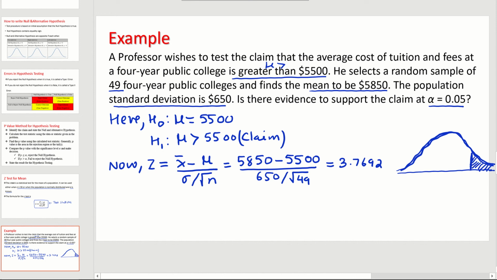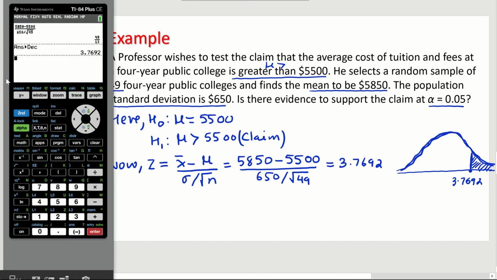In order to find this p-value, we use the test statistic that we calculated in the previous step, which is 3.7692. Now what we have to do is use our calculator and get this area over here in the right tail. So for that, we use second, then vars, then we are looking for number 2.